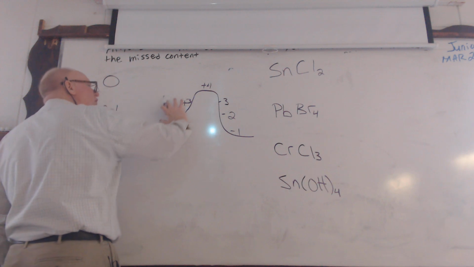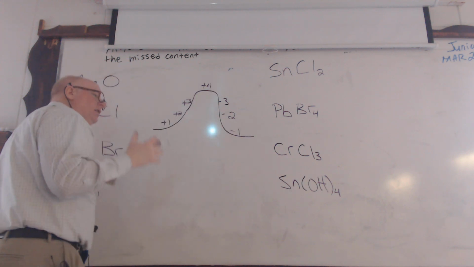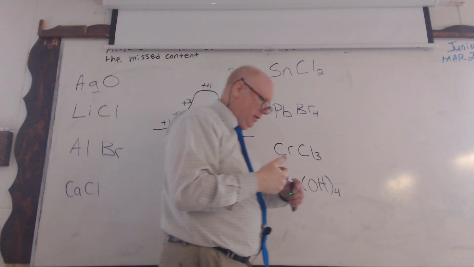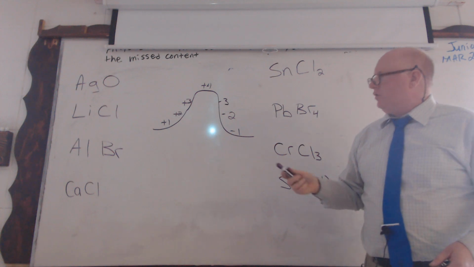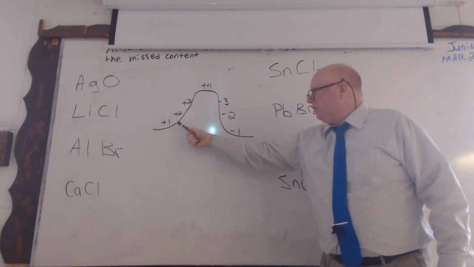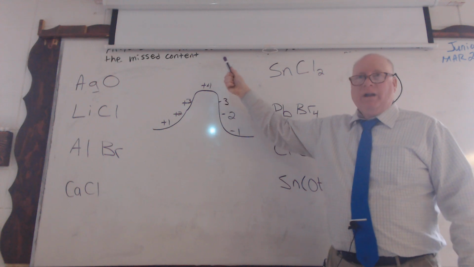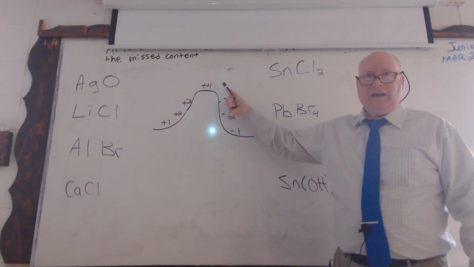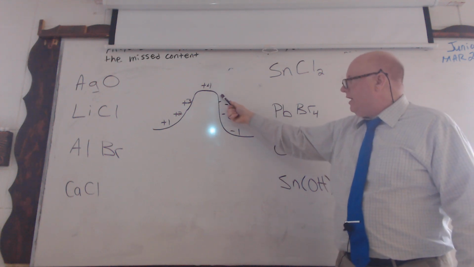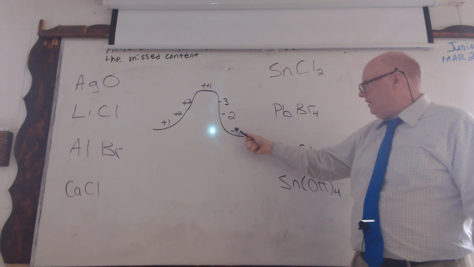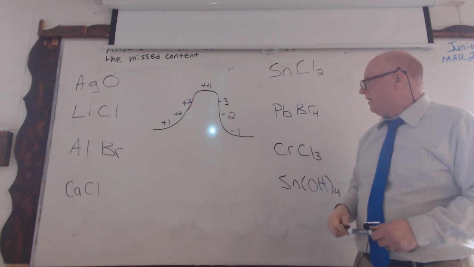So that is the trend that you see in each period on the periodic table. As you go from left to right, you're increasing in positive charges until you get to column 4. Then you start going the other way, where you're decreasing in charges.